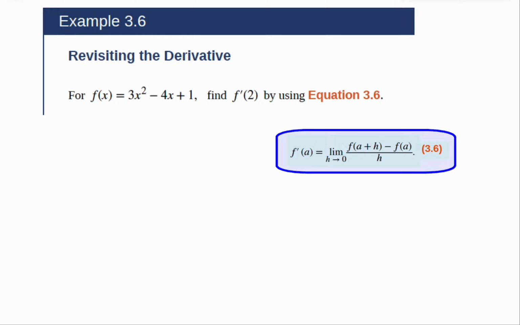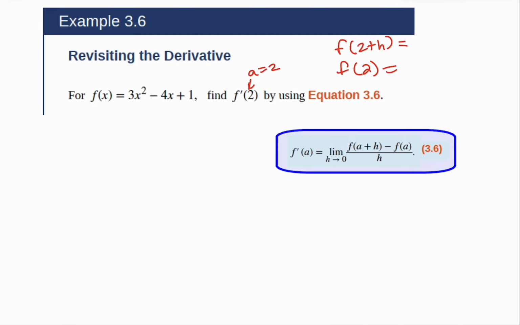So we need to find f of a plus h. Now remember, a is 2. See here where the a is? That's just a 2. So let's find f of 2 plus h, and also f of 2, so that we have something to put right here and right there.